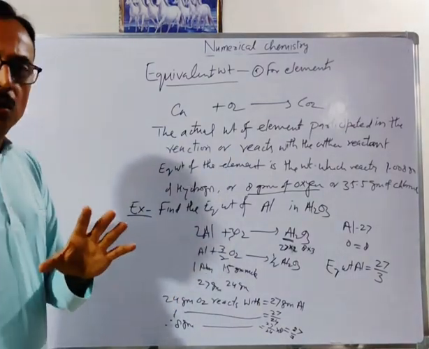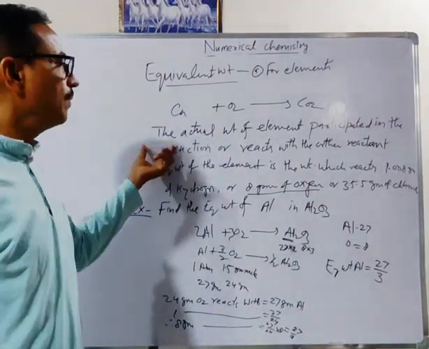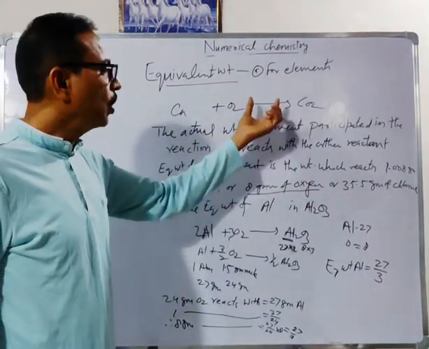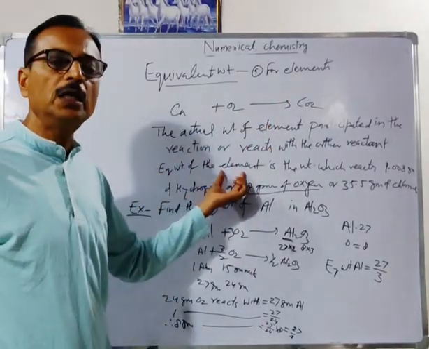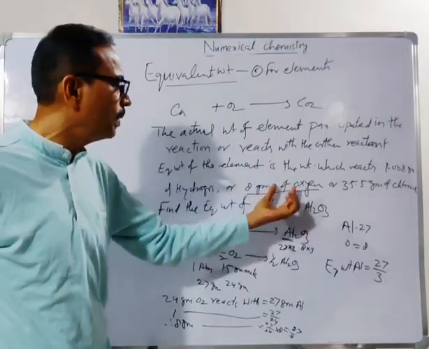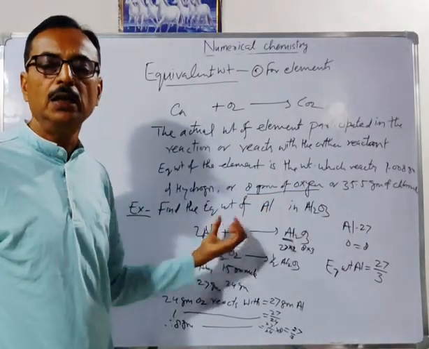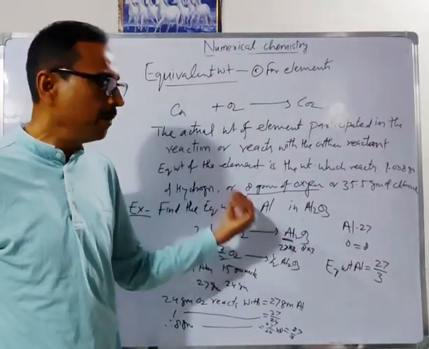This is the equivalent weight of aluminum during the formation of Al2O3. I think you understood, because in the definition of equivalent weight, the quantity of an element that reacts with 8 gram of oxygen is the equivalent weight of the element.